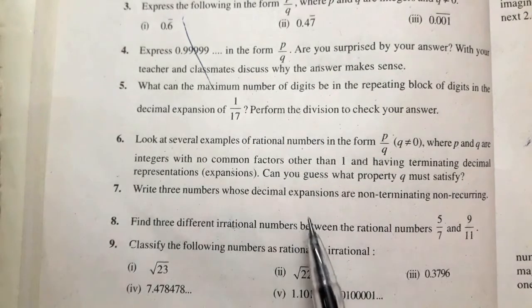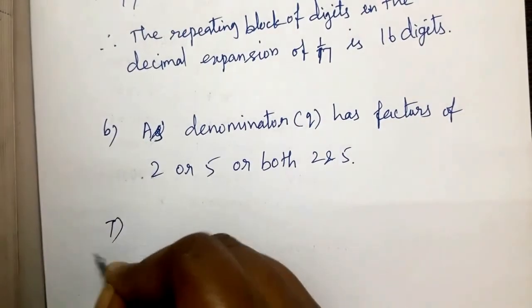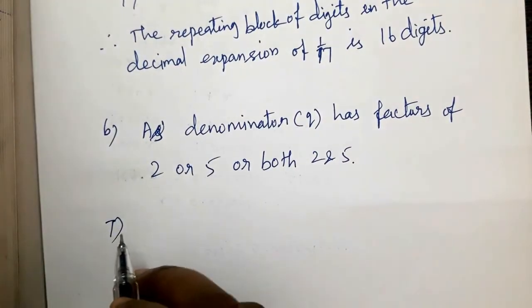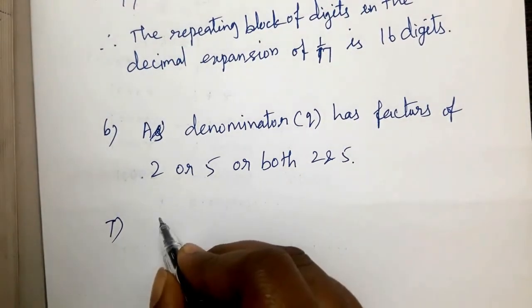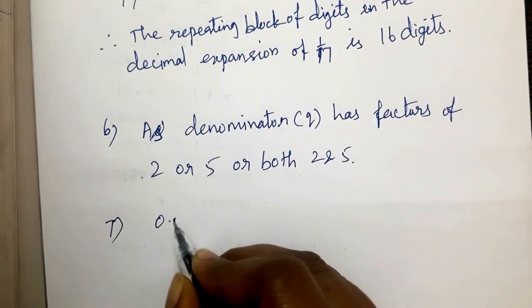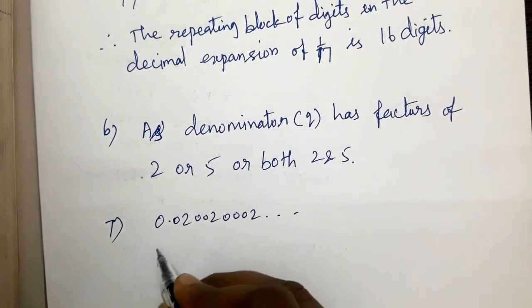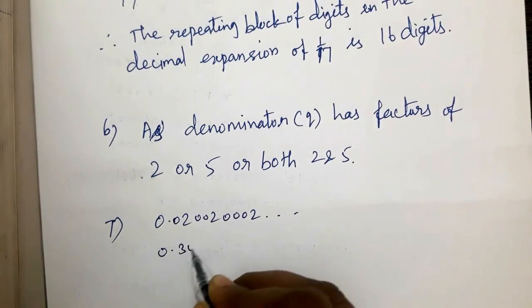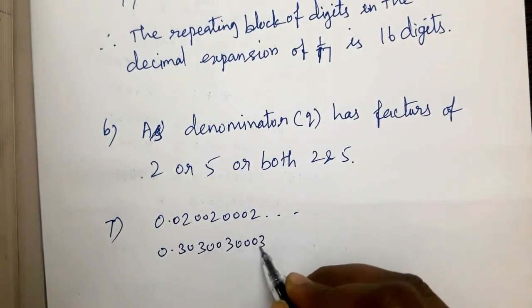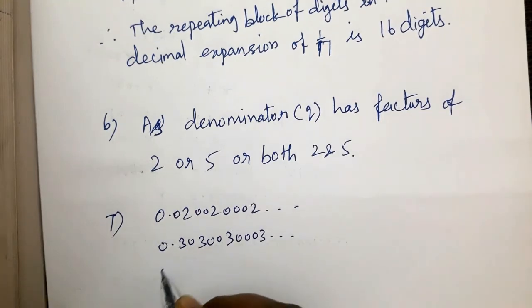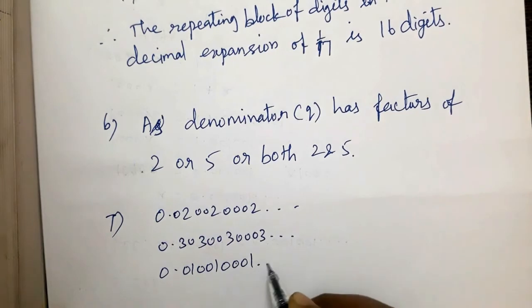Write 3 numbers whose decimal expansions are non-terminating, non-recurring. Question number 7. Here it is asking for any 3 irrational numbers. So we can write any such number. Shall I write 0.020020002 and so on, and the next one 0.3030030003 and so on, and the next one 0.010010001 and so on.